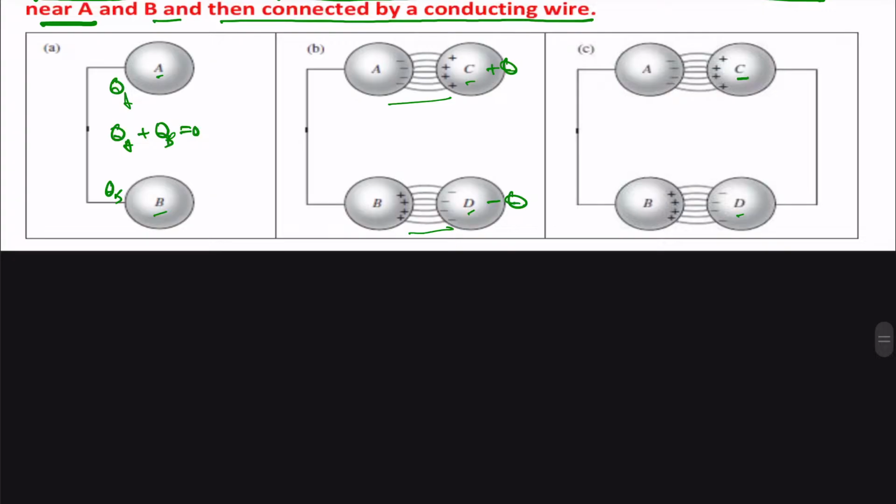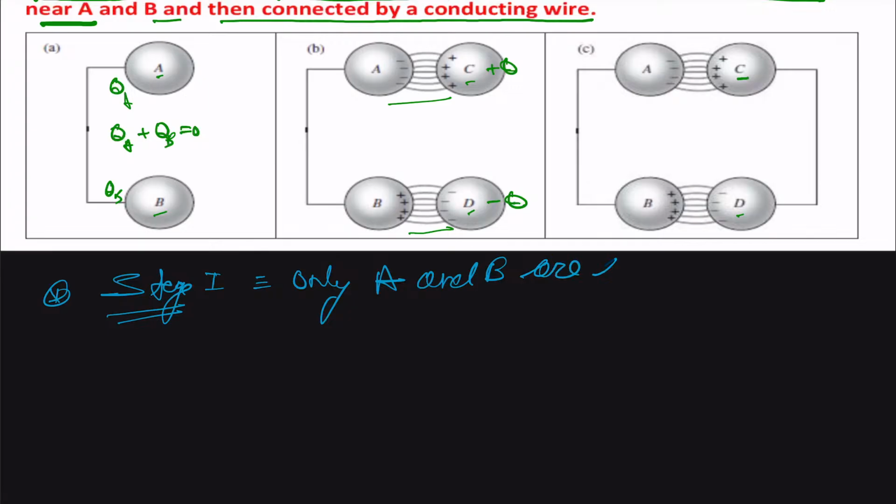First, only A and B are connected. So we have stage 1, in which only A and B are connected.